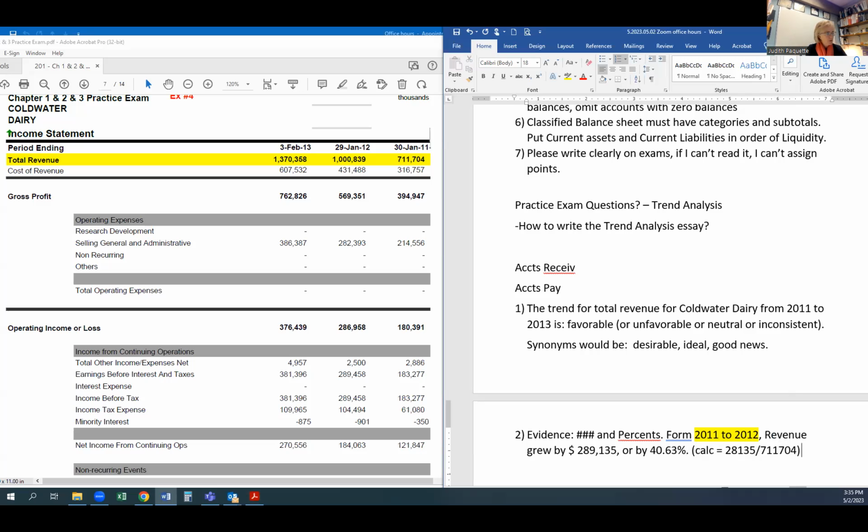So let's do the second year. From 2012 to 2013, revenue grew by how many dollars? And what percent? How much did sales grow?